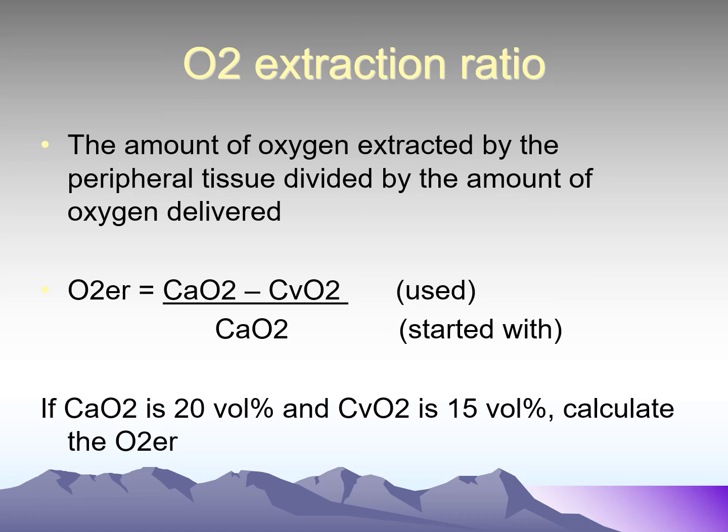So things that are going to increase that extraction ratio, which means an increase in the number, are things that increase your metabolism, and also anemia. Things that are going to decrease your extraction ratio, reflected in a decrease in the number, are things like decreased metabolism, high hemoglobin, and high PaO2.